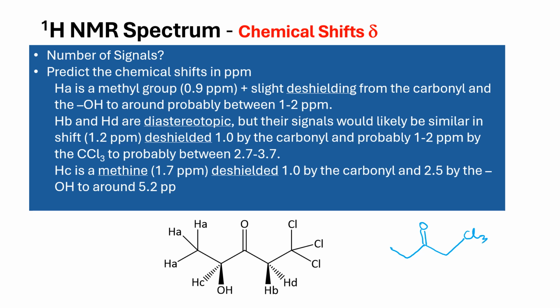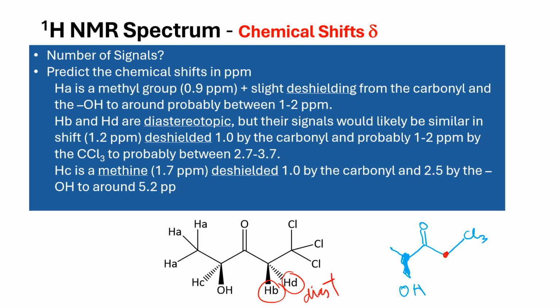Let's do this. You have two H's there, and here you have this. What we need to see is that, okay, chiral center. And here I have two H's. That means that I create another chiral center here if I do the replacement. Therefore, the two H's here are diastereotopic.